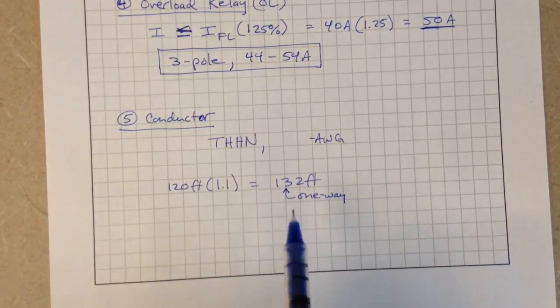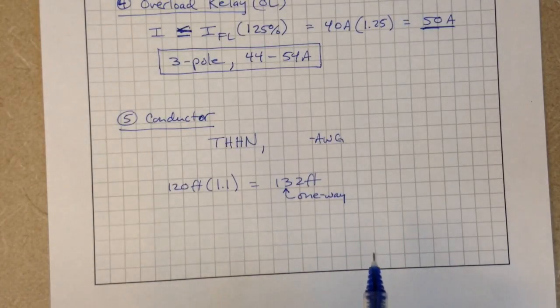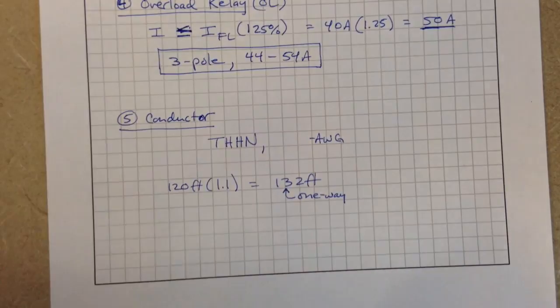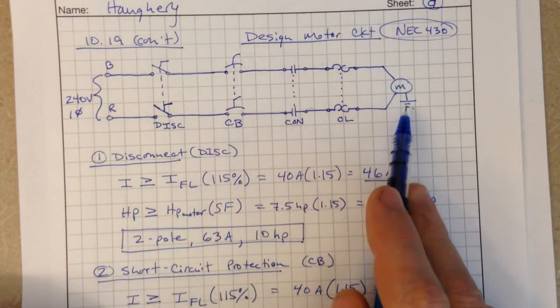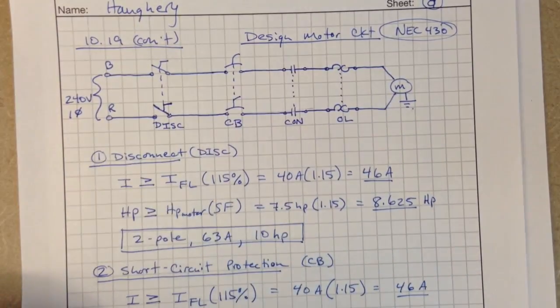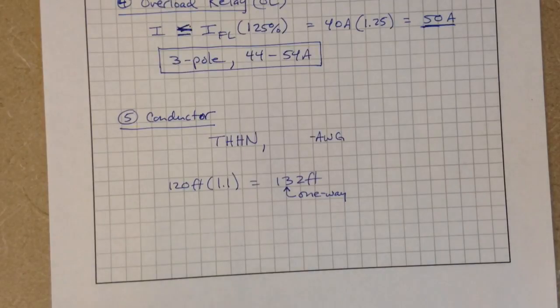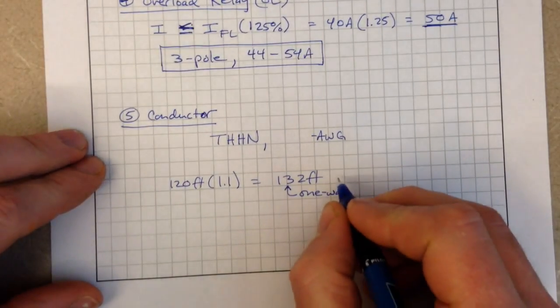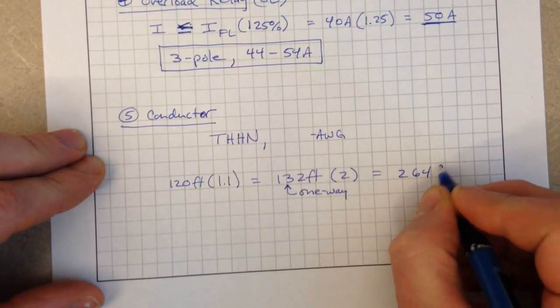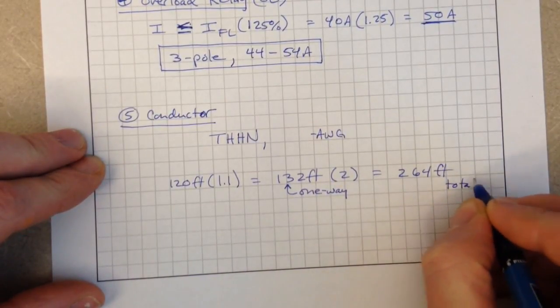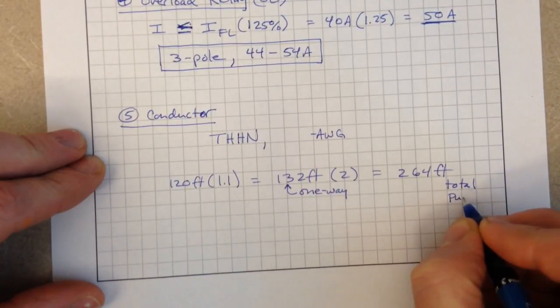Now, that's the dimension I want to use when I look at voltage drop, 2% voltage drop on the Chapter 5 tables. If I want to purchase this wire, I need to account for 132 to the motor and another 132 back to the power panel. So I need 2 times that, which equals 264 feet, and that's our total to purchase.